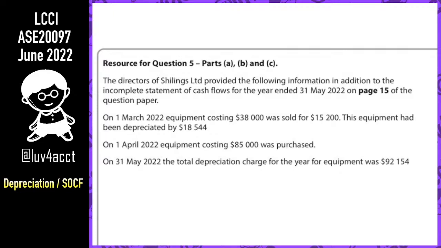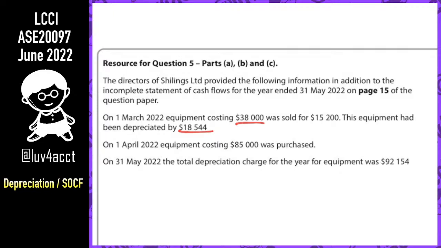Let me copy all the figures first. I type all the figures there. 38,000, 18,544. So given directly that the equipment had been depreciated by this amount, and the cost.